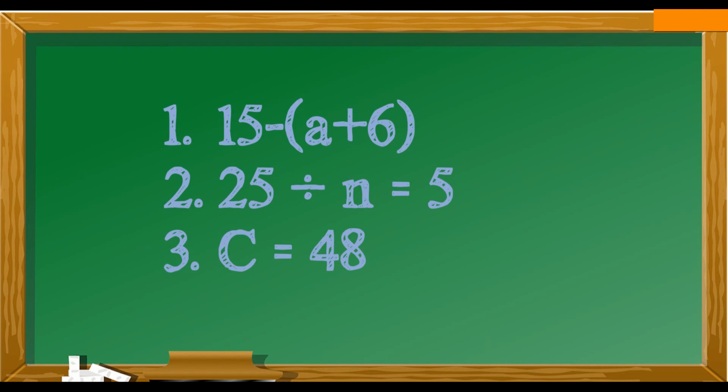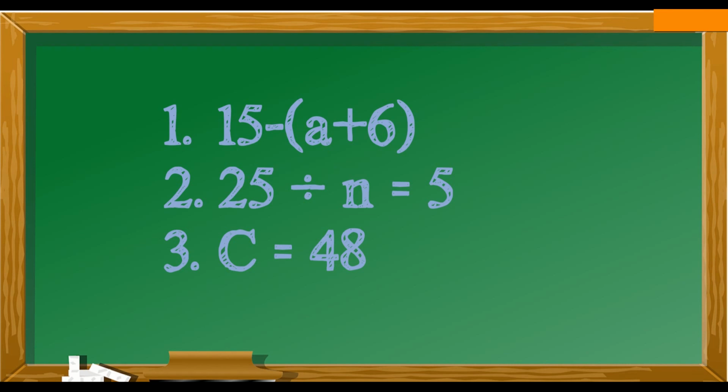We have an expression and 2 equations. 15 minus a plus 6. 25 divided by n is equals to 5. And c is equals to 48. What are the variables used in this expression and equations?